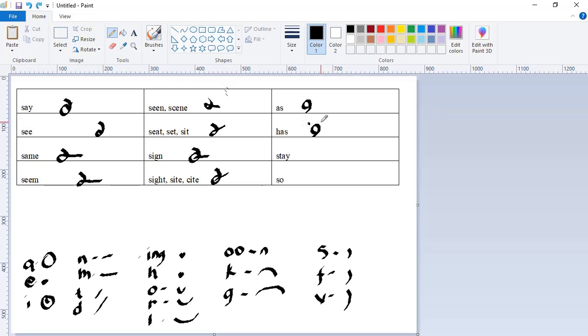Ayan, has. Ano ba yan? Ano ba naman? But anyway, yan, has. Try natin this one. Ay, ang laki naman. Ulitan natin.